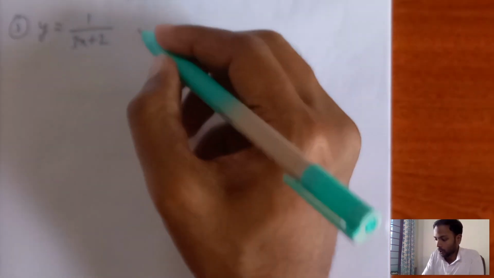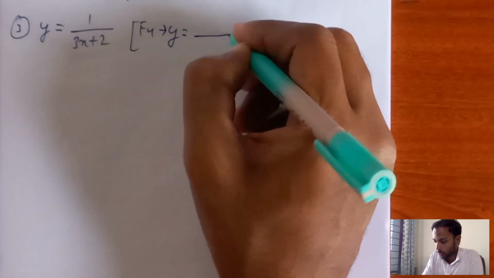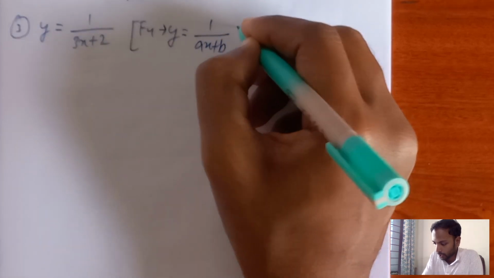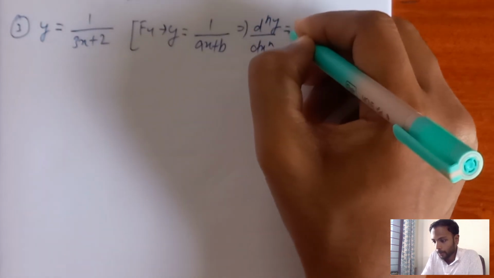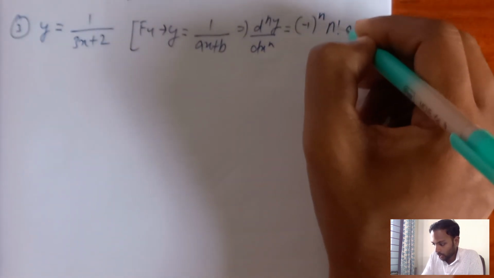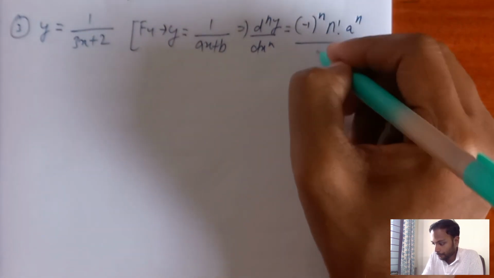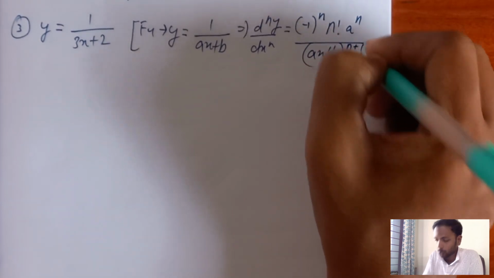The fourth formula says that if y is equal to 1 by ax plus b, the nth derivative is minus 1 to the power n, n factorial, a to the power n by ax plus b to the power n plus 1.